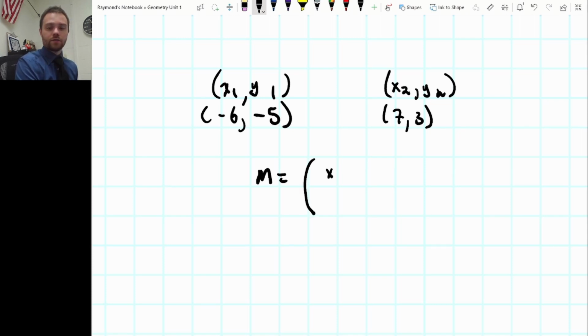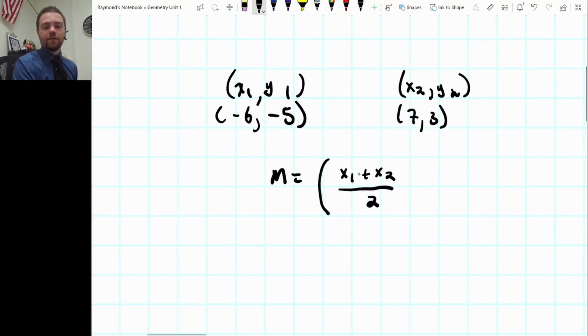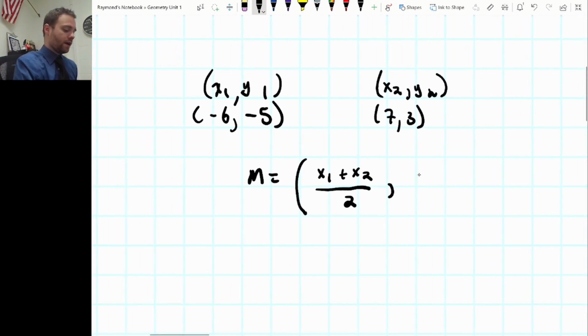So we've got x1 plus x2 divided by 2. We're adding the two x values from both coordinates and then dividing by 2. And for the y coordinate, it's y1 plus y2 divided by 2.